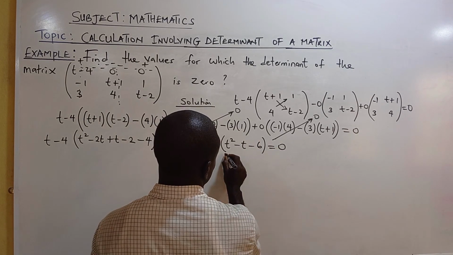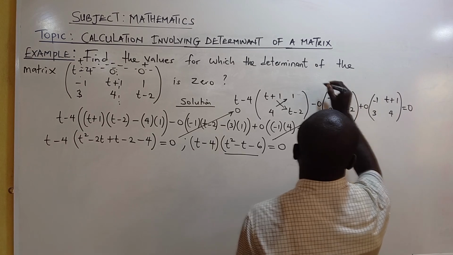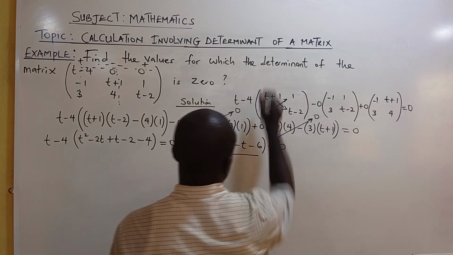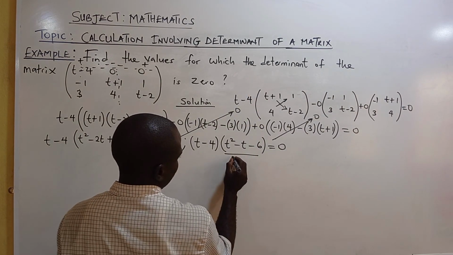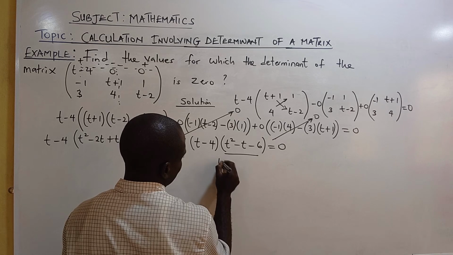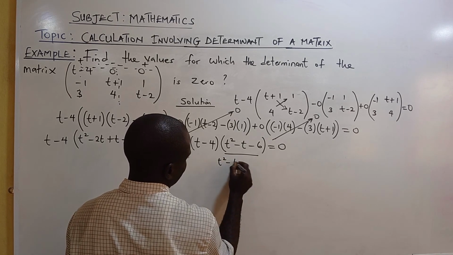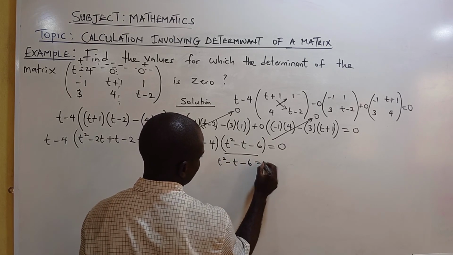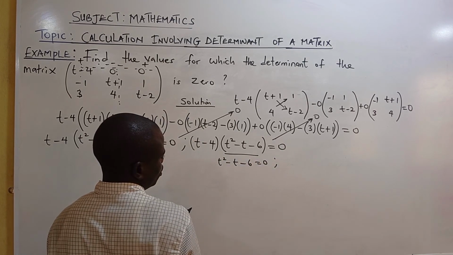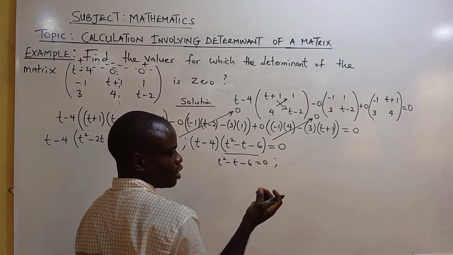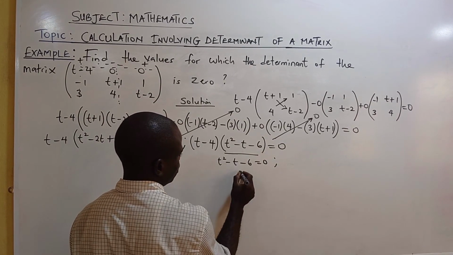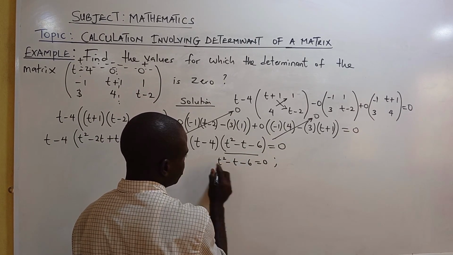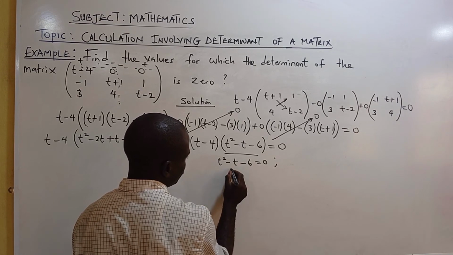Now let's factorize that. In that case, you have t squared minus t minus 6 equal to 0. Now, what are the two values you can multiply together that will give you minus 6?